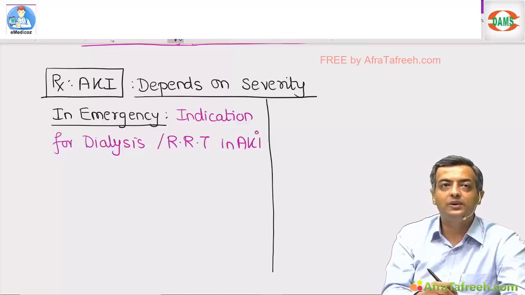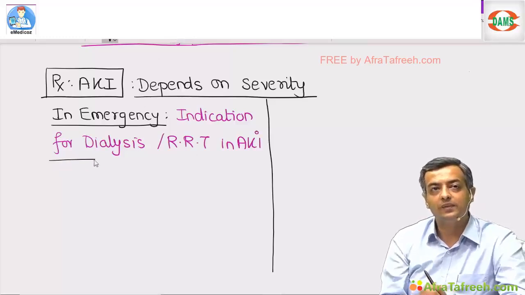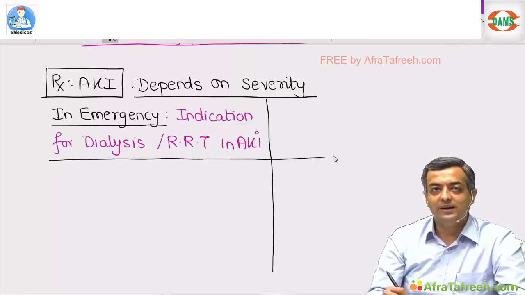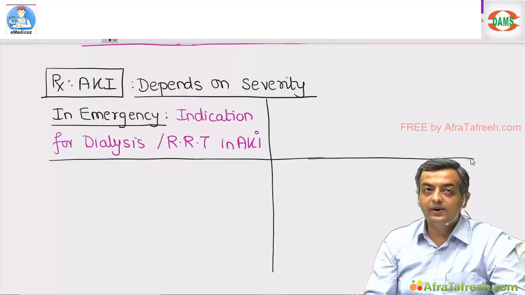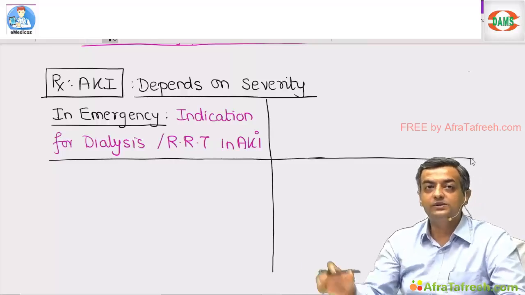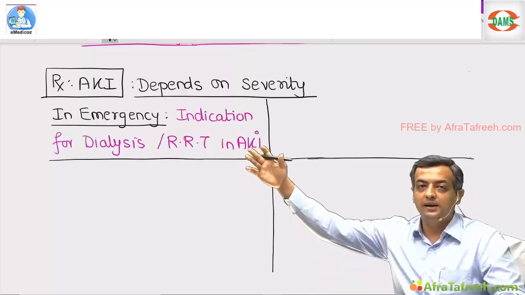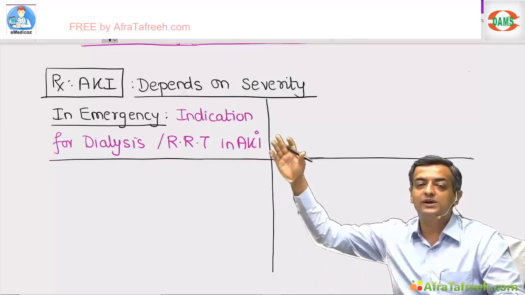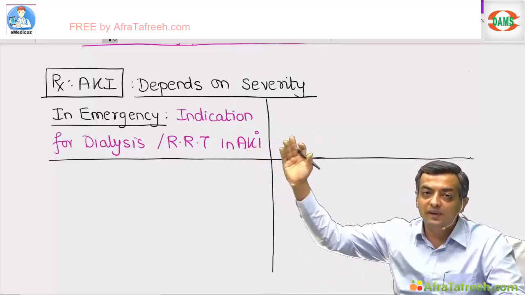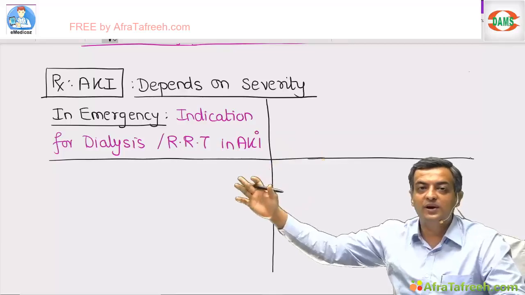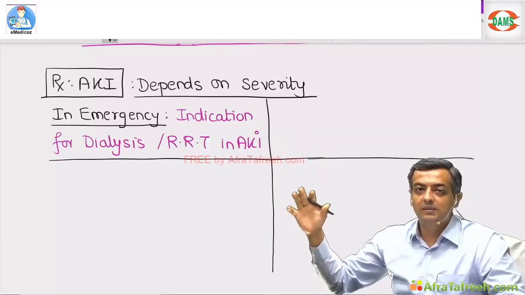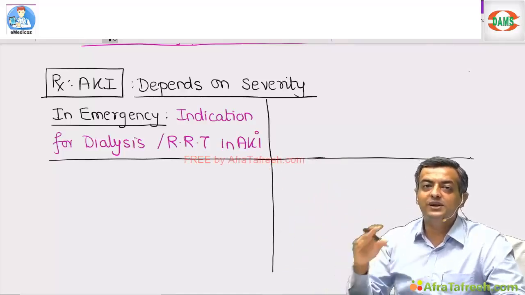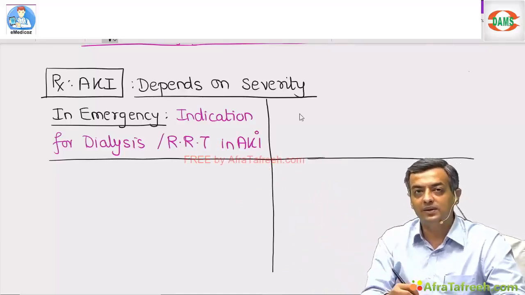It is very logical: when a patient of acute kidney injury comes in an emergency, I don't have time to search for the cause and reverse it. The first point is to save the patient. So I start dialysis, and parallelly I investigate the cause and treat it.